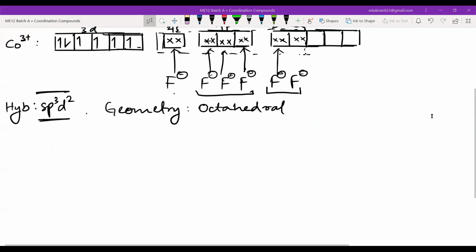Do you guys remember how to calculate the magnetic moment? From unpaired electrons, if I give you the unpaired electrons, then Bohr magneton.